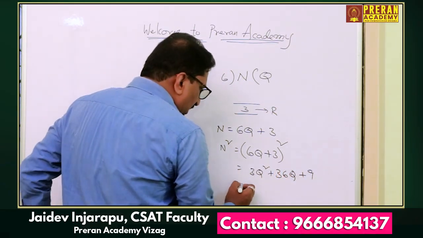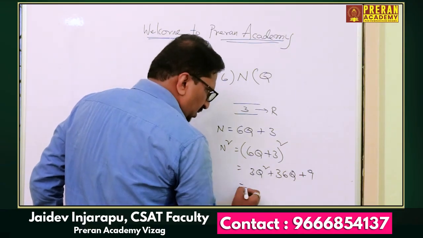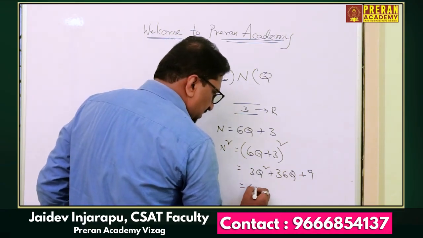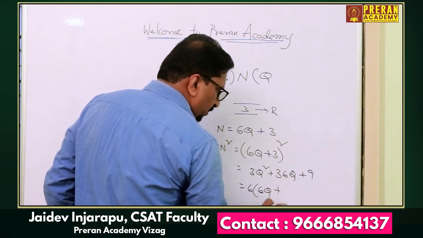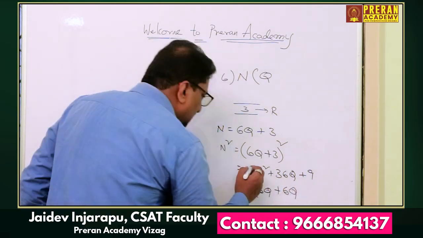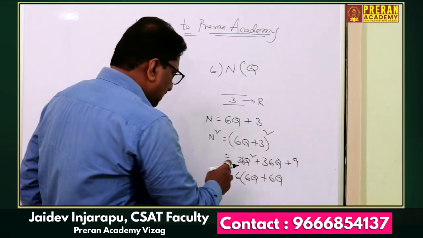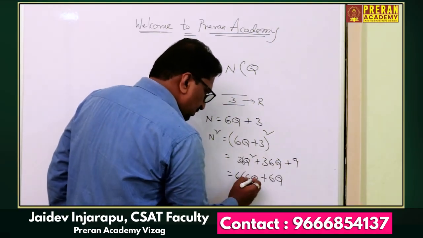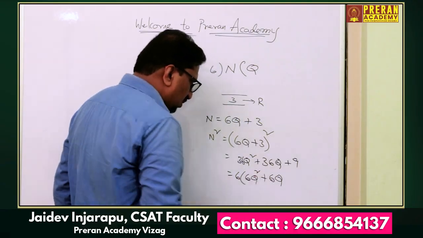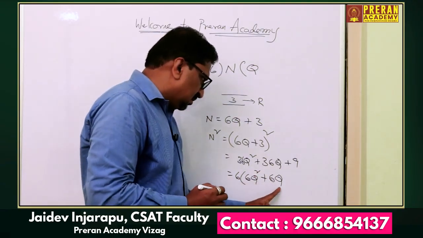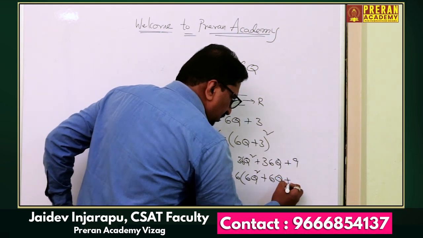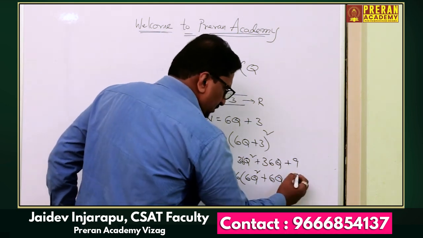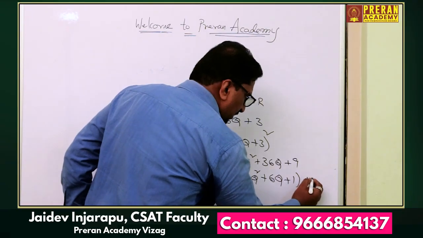Now guys, can we write like this? Can we take 6 common? So here 6 into (6q square plus 6q plus 1), plus 3.